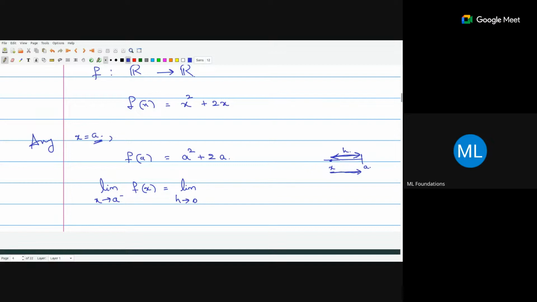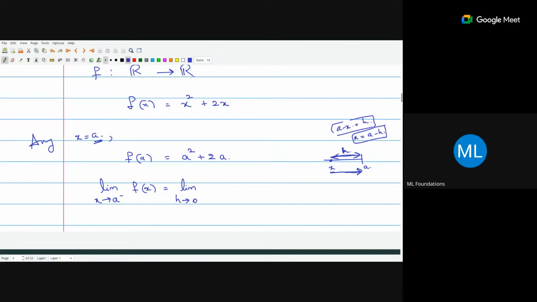If x is slowly approaching a, h will become 0. So x minus a will be h. If a is bigger, then a minus x will be h, and I can write x as a minus h.